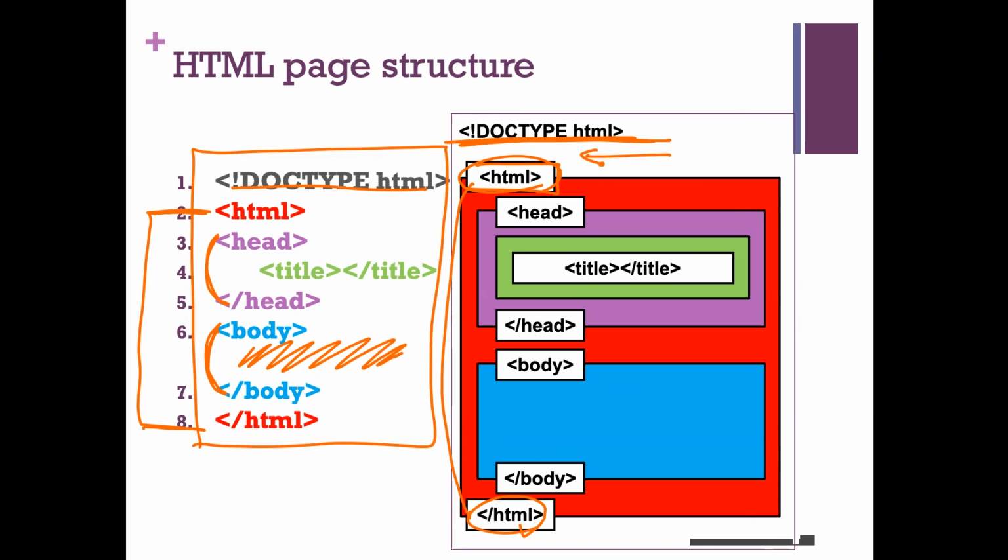You're not supposed to put anything in between the declaration and the opening HTML, okay? By the same token, in between the opening HTML and the opening head, you're not supposed to put anything. The only place you can put something, again, is in between head and head, in between body and body, that's it.